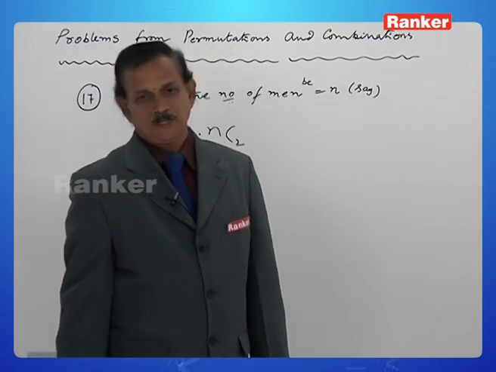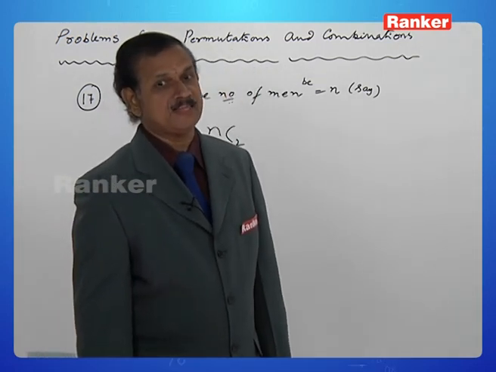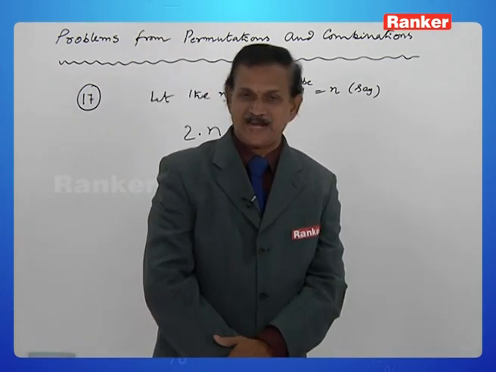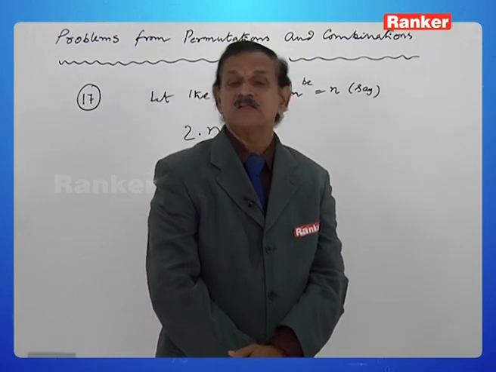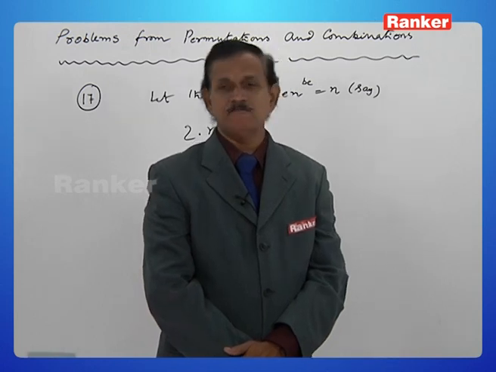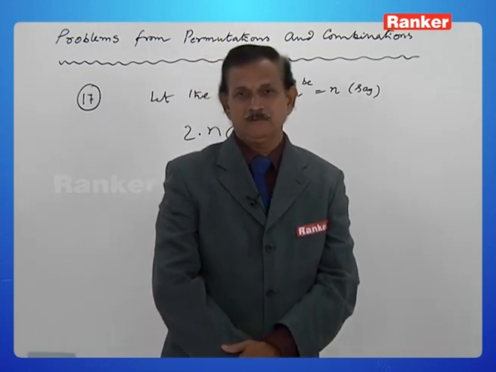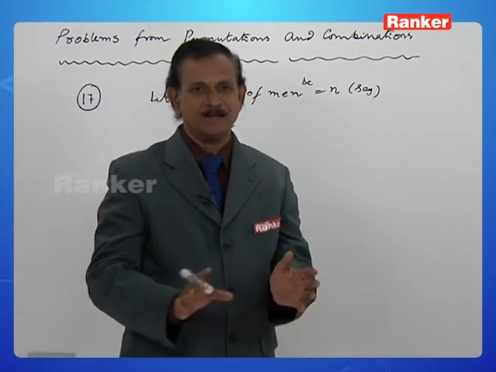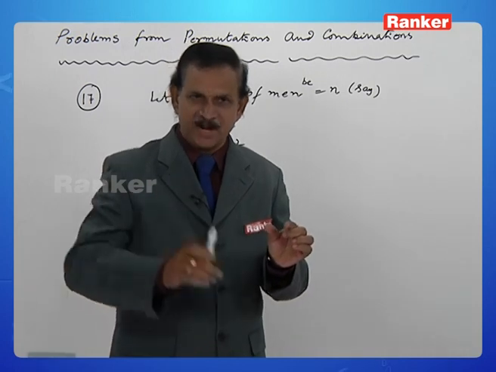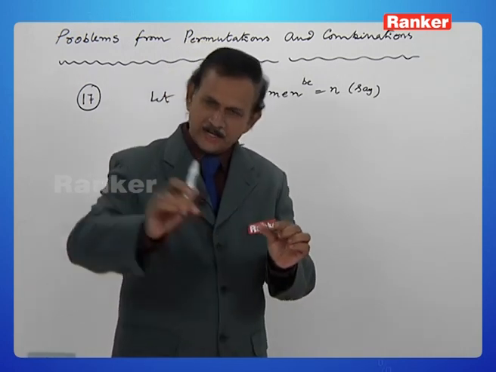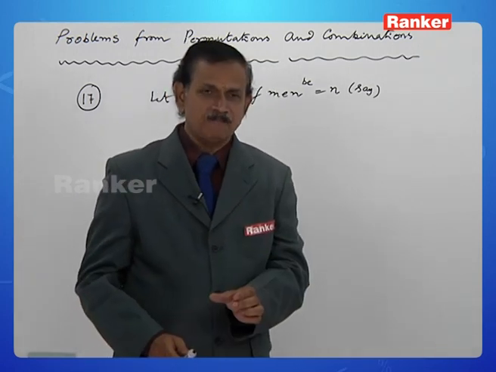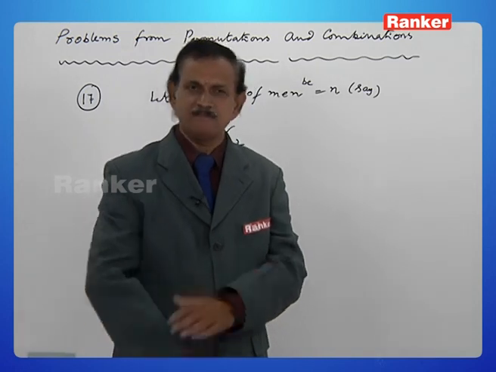Okay, next one. The number of games that the men played between themselves is proved to exceed by 66 the number of games that the men played with the women. There is another restriction. How many women are there? 2. How many men are there? n. Let the 2 women be, say, A and B. A can participate in n matches with the men participants, one woman and n men. Just like that, B is a participant in n matches with the men.